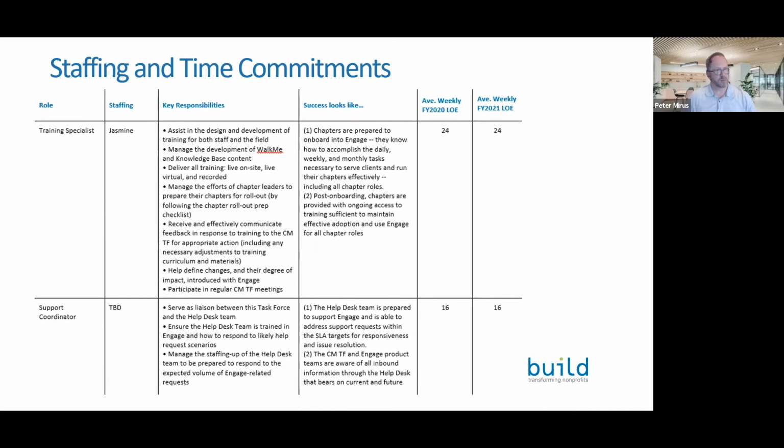And this was a particularly lengthy implementation because we were rolling the system out to over 9,000 users nationally. And it was done in phases over a period of time to make it more manageable.